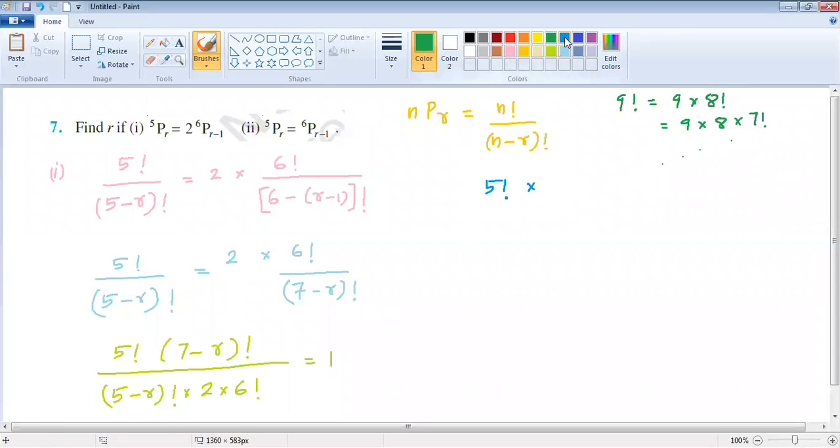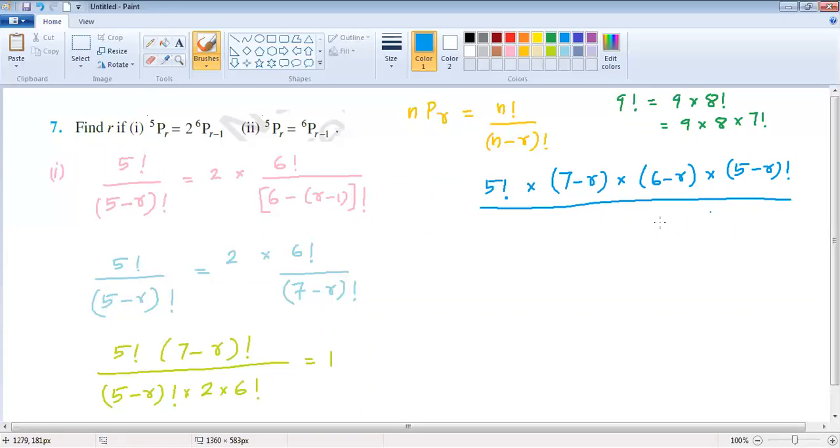So आप 7 minus r factorial को 7 minus r into 6 minus r into 5 minus r factorial ऐसे लिख सकते हैं.